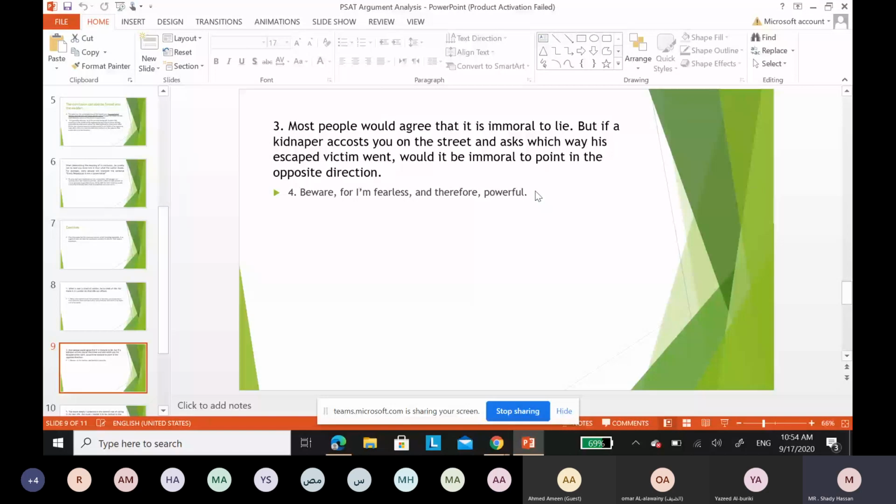Yes, so we've got the word therefore. So simply, the word that follows therefore is the conclusion. Powerful. So powerful in here is the conclusion.